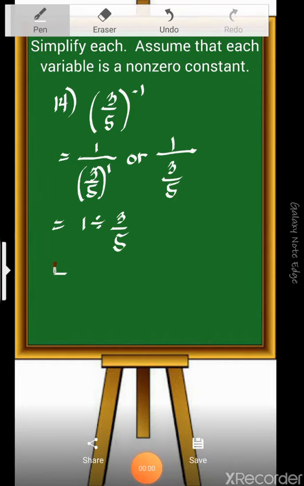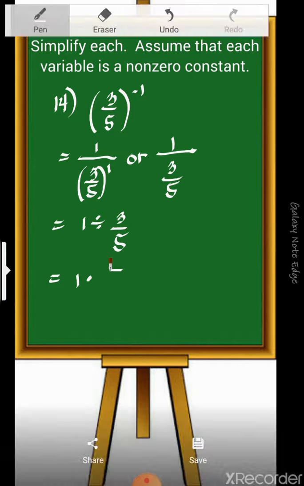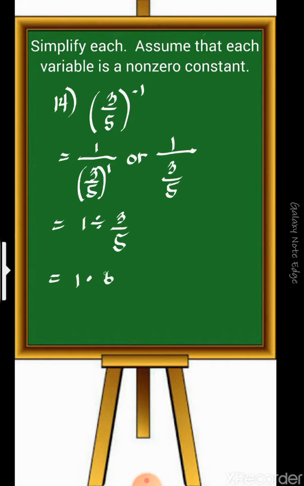In dividing fraction, we are going to multiply the first term into the reciprocal of the second term. So the reciprocal of 3 over 5 is 5 over 3. So 1 times 5 is 5. There is an imaginary denominator 1 here. So 1 times 3 is 3. So the answer is 5 over 3.